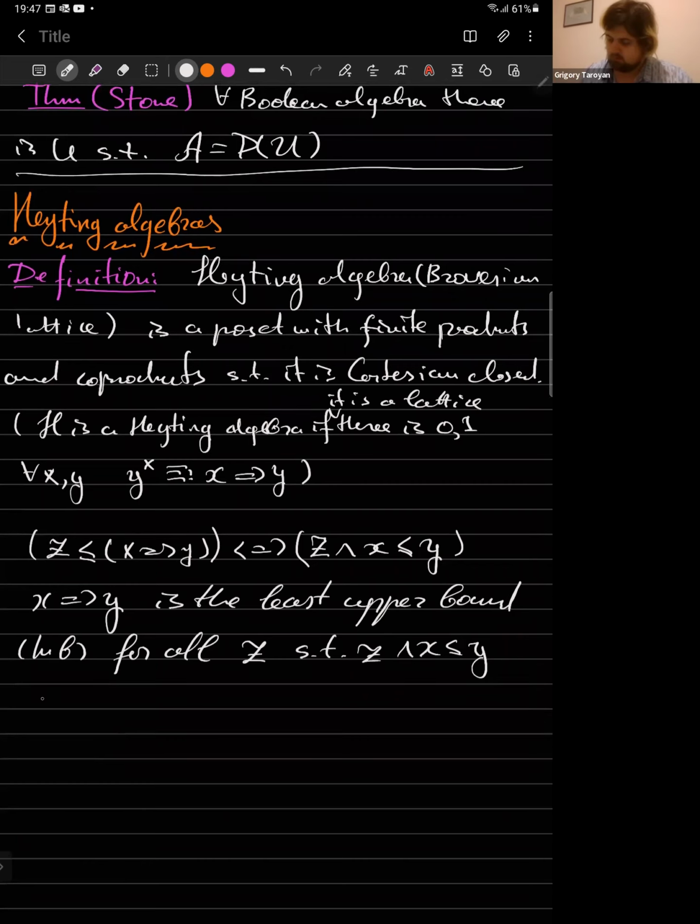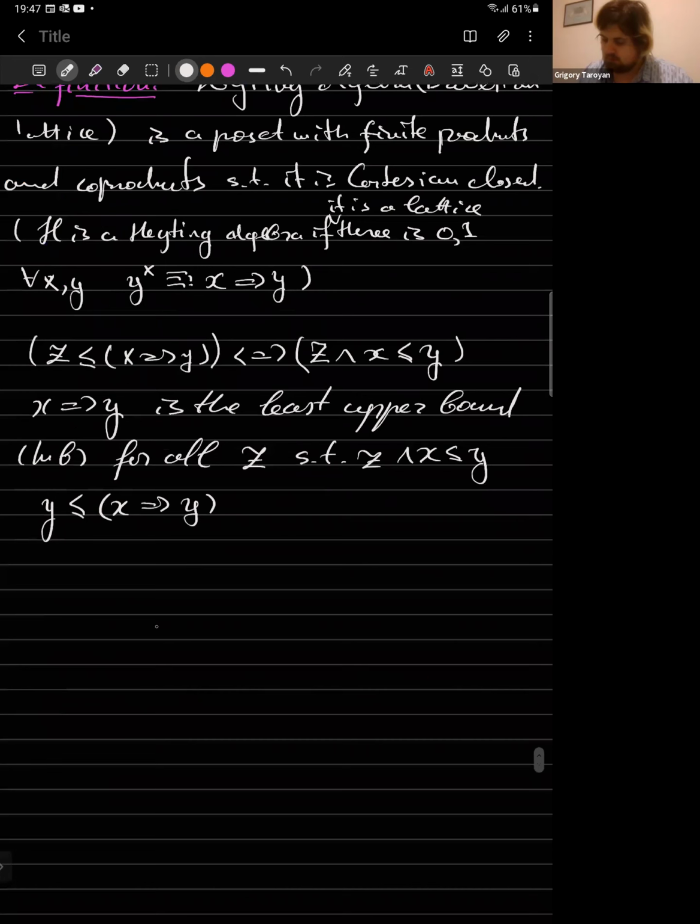In particular, y is less or equal to x to y. Using Hasse diagrams, this can be represented like this. Here we have the meet of these two elements. Here we have this exponential object.